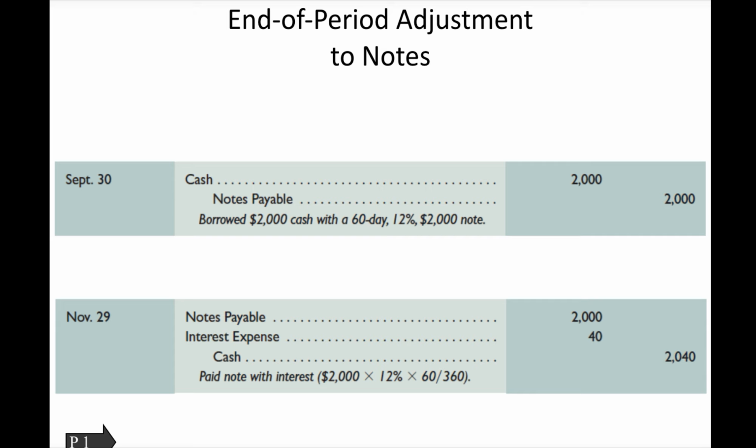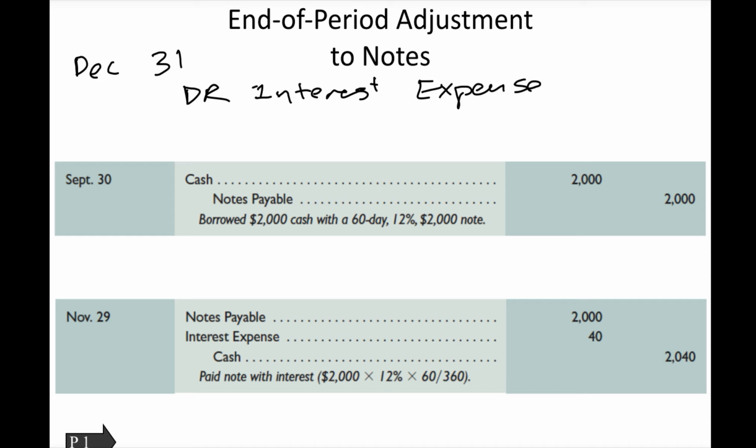Okay. So $10 is the amount of interest that I would actually recognize, 10 of this 40 right here, as of December 31st. Okay, so what would that look like? The debit to interest expense and the credit to interest payable.